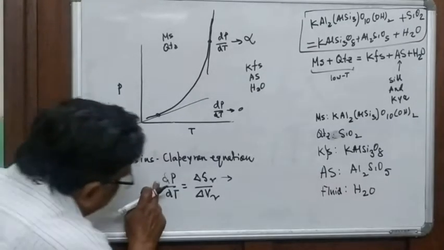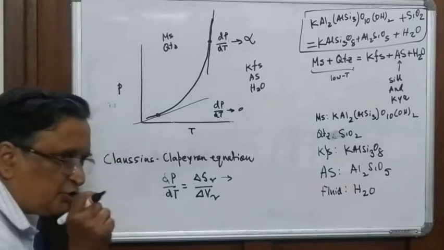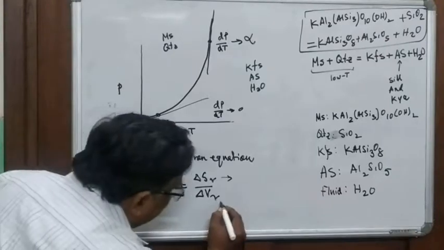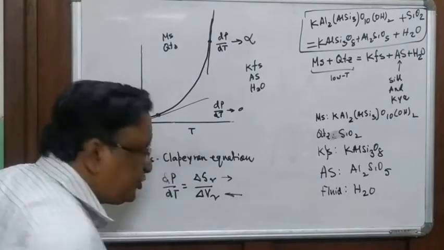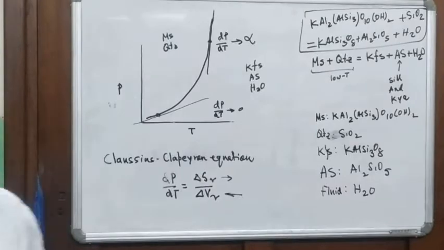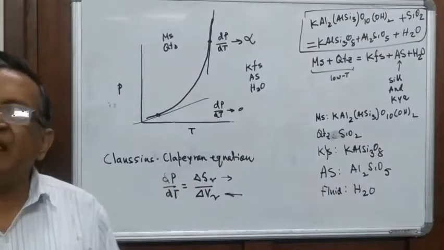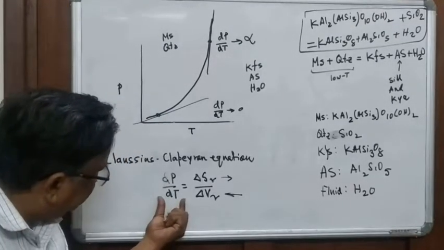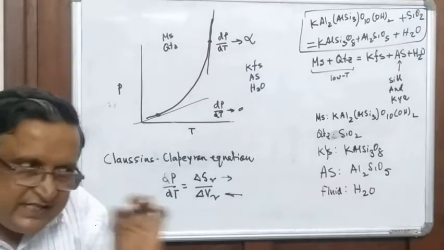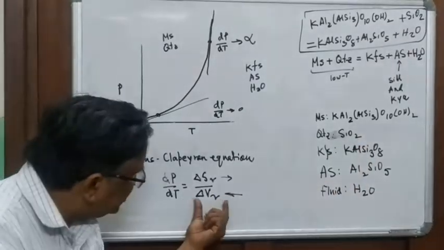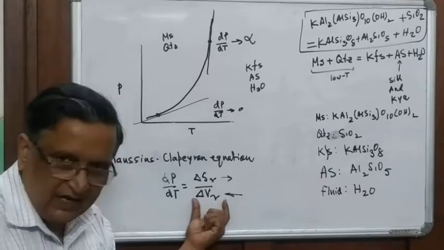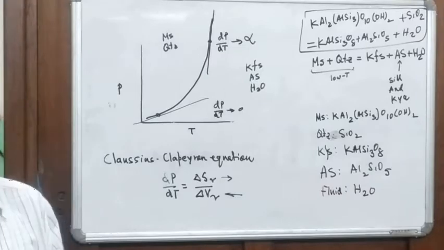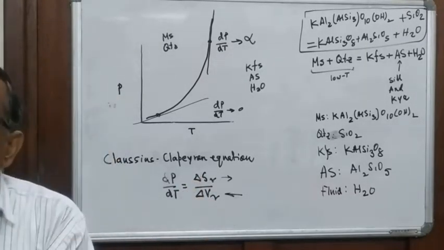Now, if dP/dT tends to zero, that means delta VR should be very large compared to delta SR. Have you understood? If dP/dT is equal to or tends to 0, that means the denominator, which is the delta VR, should be very big compared to delta SR, or delta SR should be close to 0.